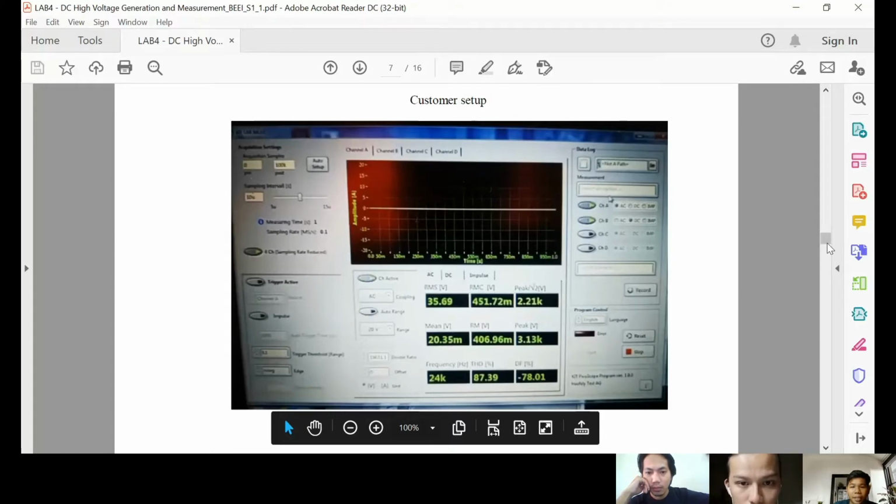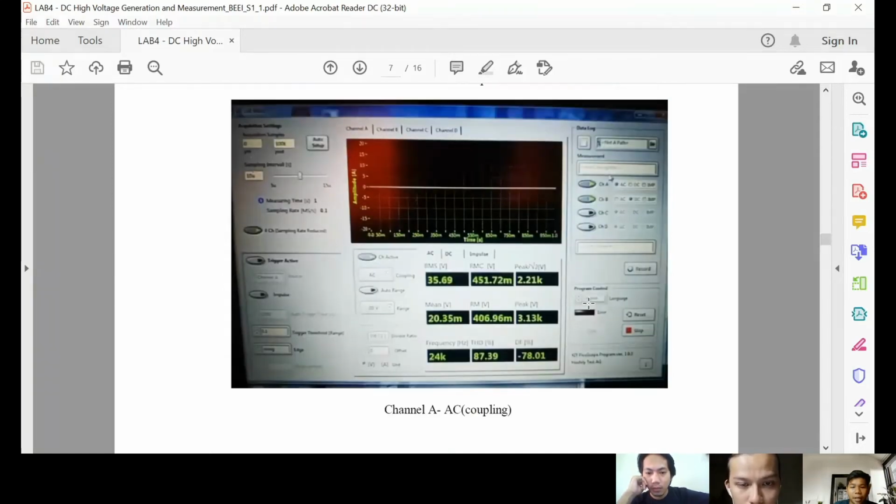Channel A represents the AC coupling that needs to be set, and the divider ratio will use the previous lab's value, 19,651.1 volt.